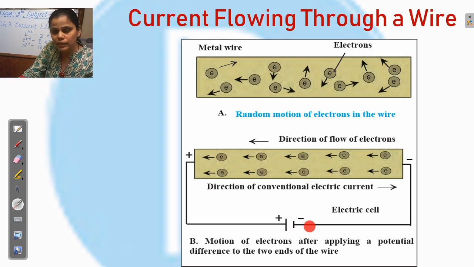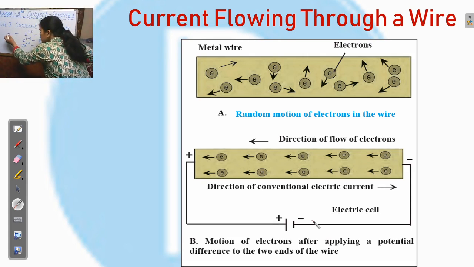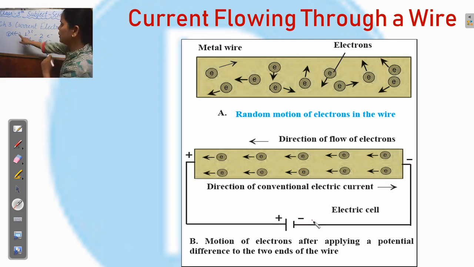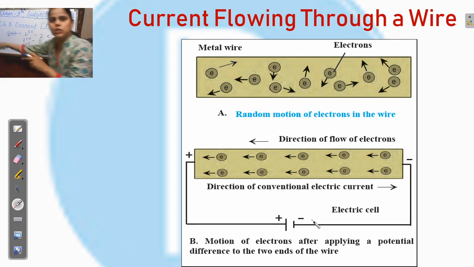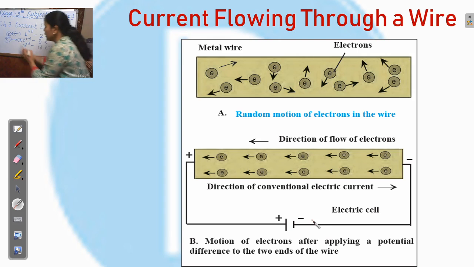The electron's charge is negative, and a negative charge repels negative, so this negative electron moves away from the negative terminal. That's why they move from negative to positive. The electron is attracted to the positive terminal, that means the direction of this negatively charged particle, the electron, is towards the positive terminal.